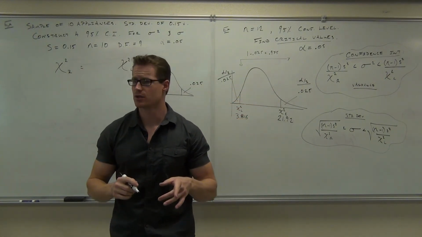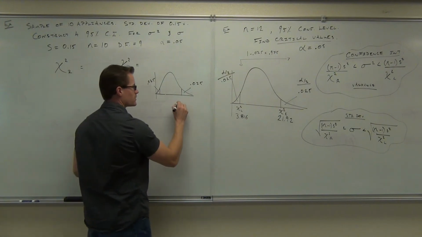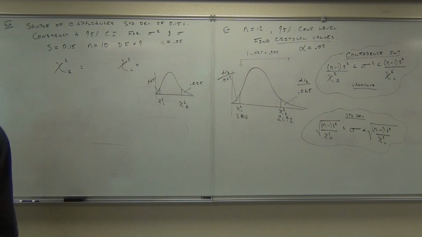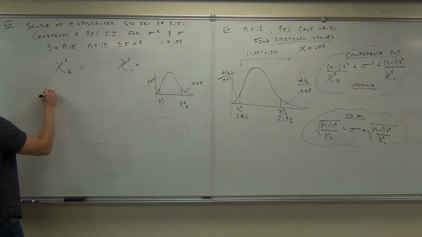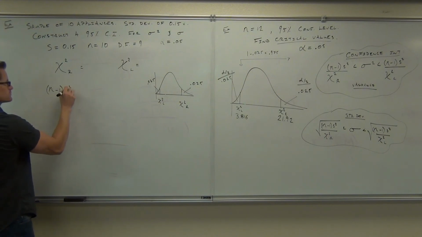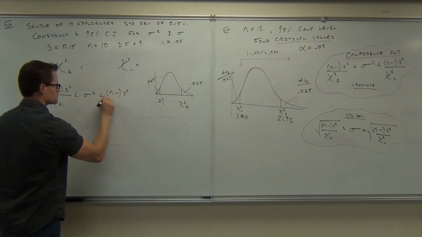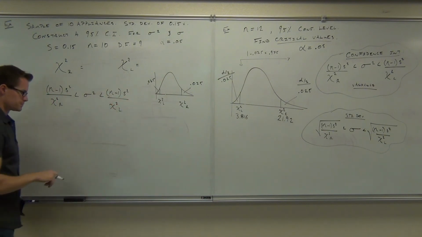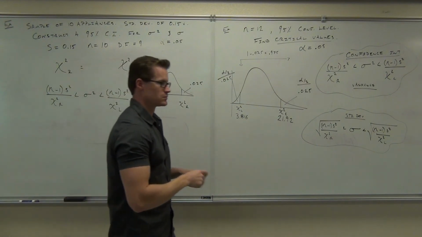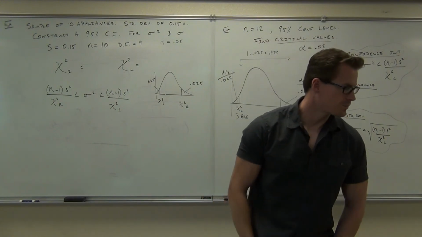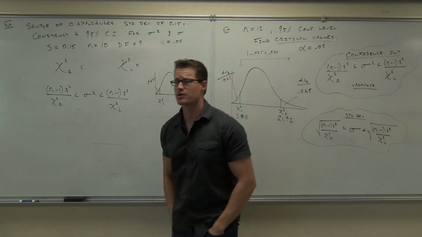Right now on your table, I want you to look up and find my chi-squared right and my chi-squared left. We're looking at our table, degrees of freedom is 9, so we should be on that row.